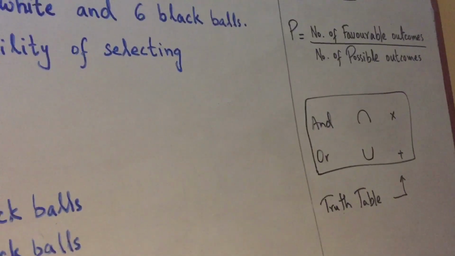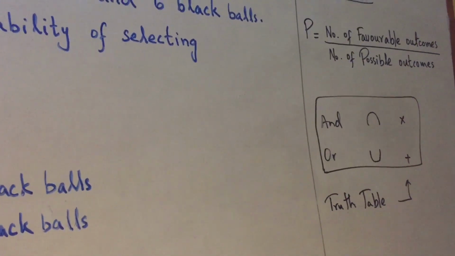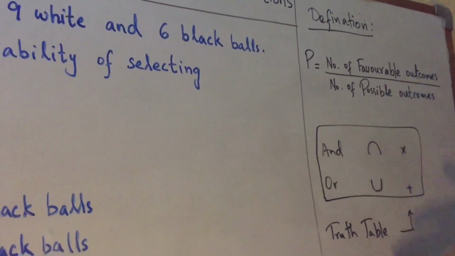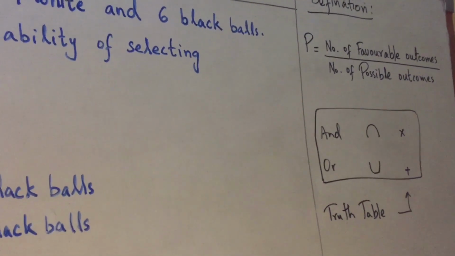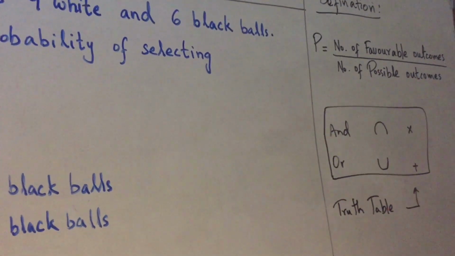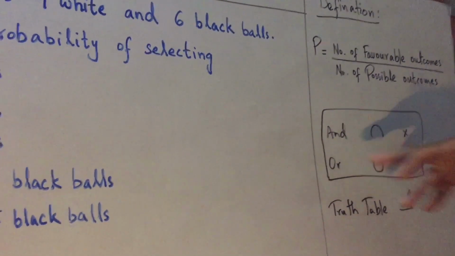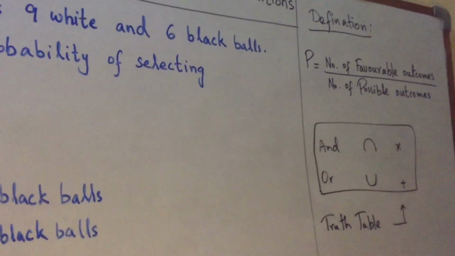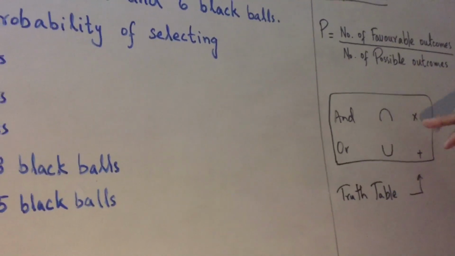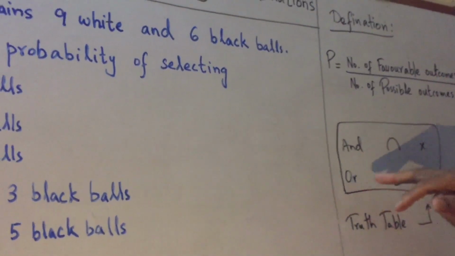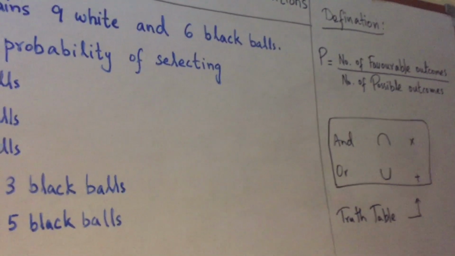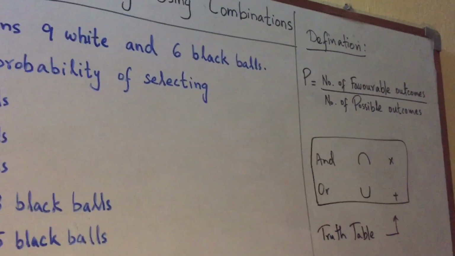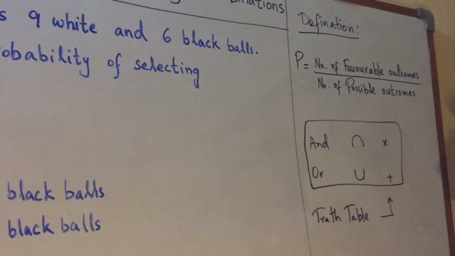I know most electronic engineers and those studying discrete mathematics know them. AND in a truth table is intersection, mathematically multiplication, and OR means union, which means plus. We use intersection and union in sets too.